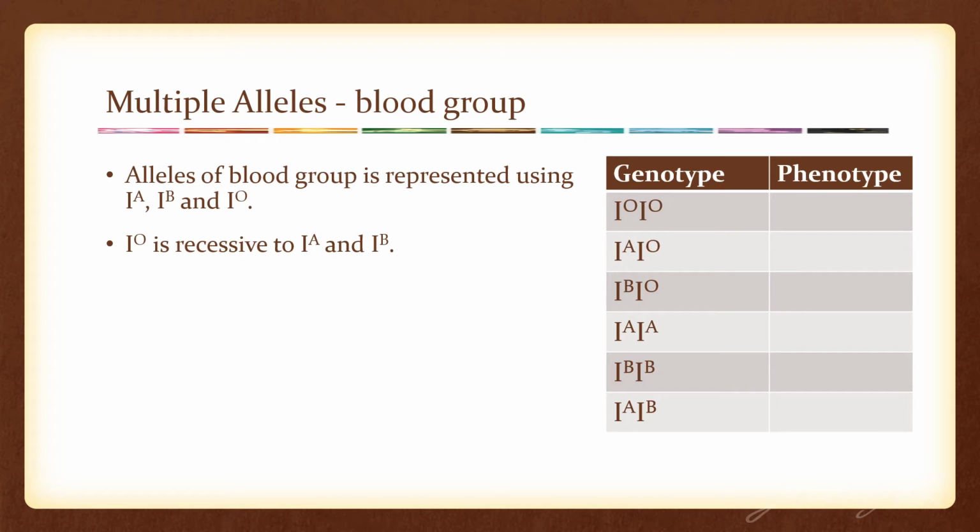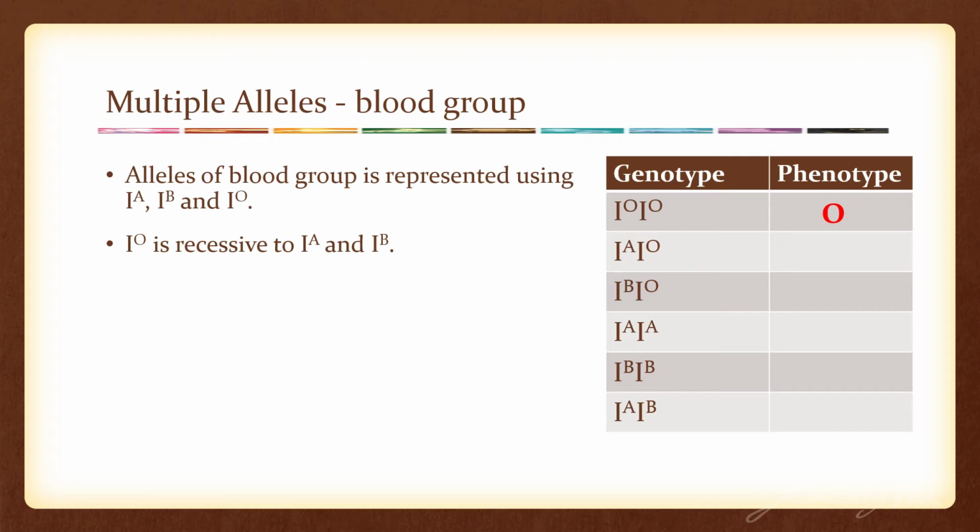So I^O, or the O allele, is recessive to A and B. So you can pause the video and try to figure out the phenotype of the following genotypes. For the first genotype, the phenotype is O. So you can see why it is important for us to write the genotype as I^O.